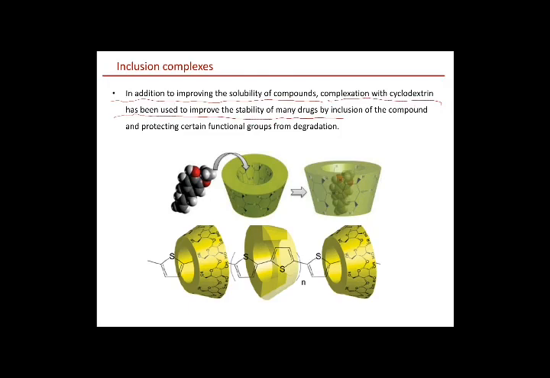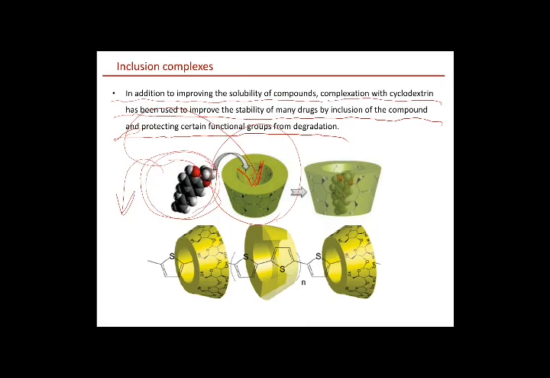Now, let's read this paragraph. In addition to improving the solubility of the compound, complexation with cyclodextrins has been used to improve stability of many drugs by inclusion of the compound and protecting certain functional groups from degradation. So these inclusion complexes are not only used for solubilization of drugs, they can be used to improve stability, because this drug may be susceptible to many environmental factors.